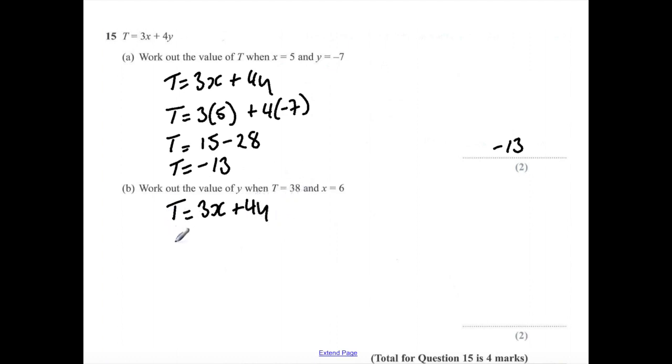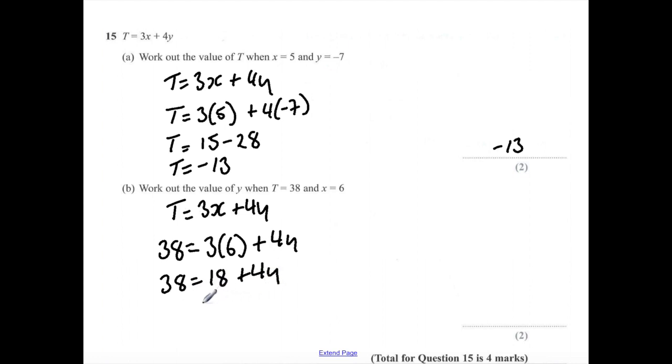I'm going to substitute back into this equation. So 38 equals 3 times x, which is 6, plus 4y. 3 times 6 is 18. So 38 equals 18 plus 4y.